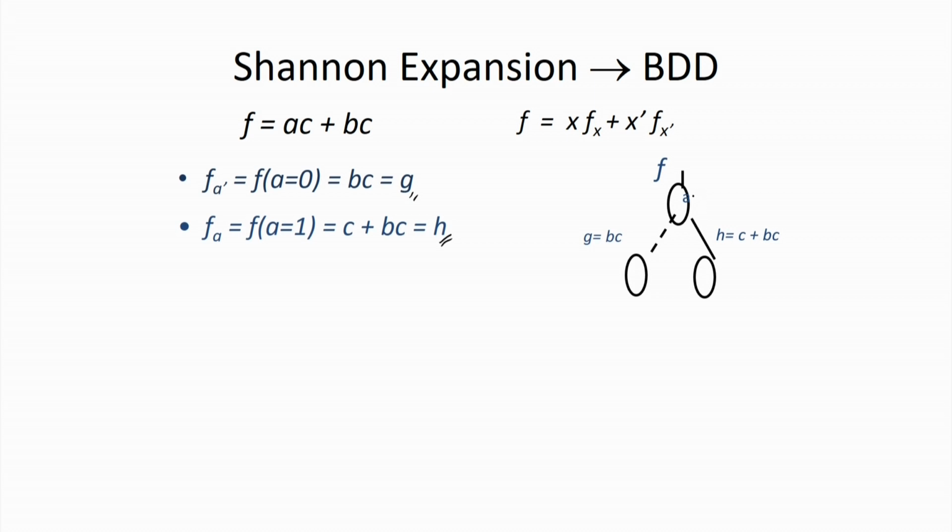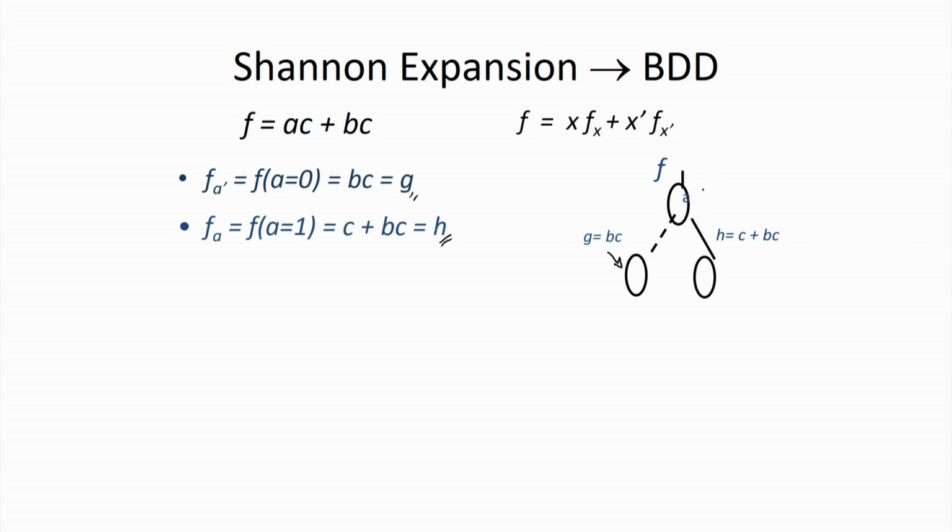When a has value 0, we come to this non-terminal node, which represents the functional value of g, and g is nothing but BC. Similarly, when the value of a is equal to 1, we come to this particular node, and the Boolean expression it represents is the function h, which is c plus BC.